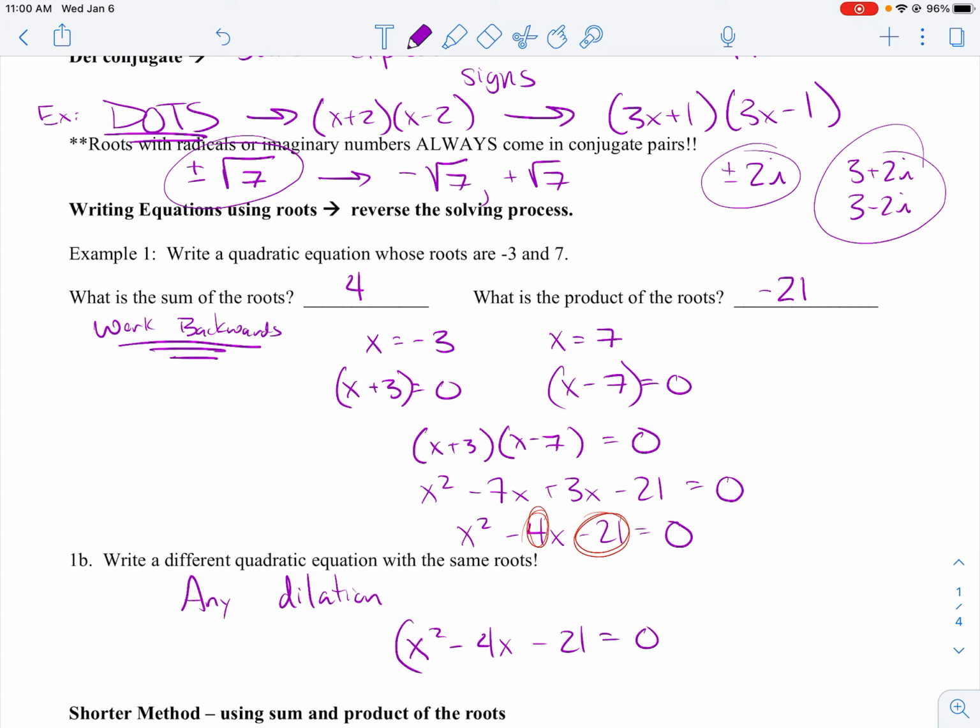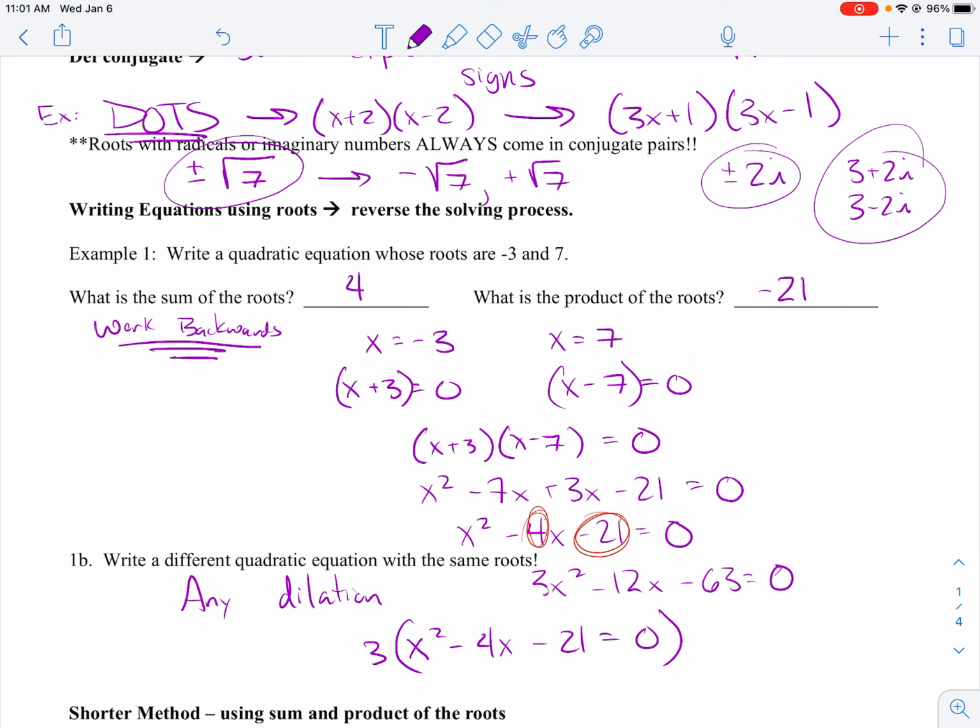I'm going to multiply it by 3. Why not? By doing so, I get 3x squared minus 12x minus 63 is equal to 0. Whoops, ran out of room.